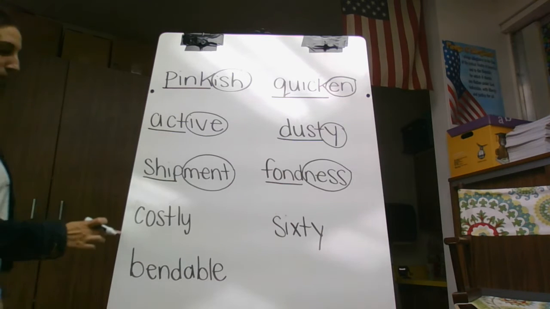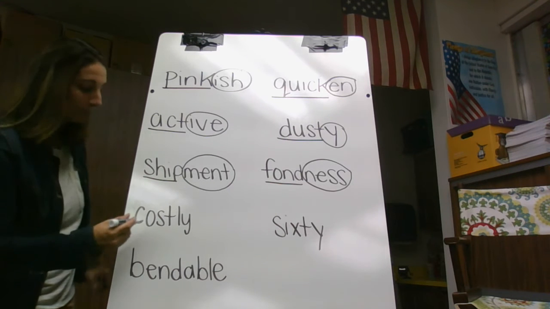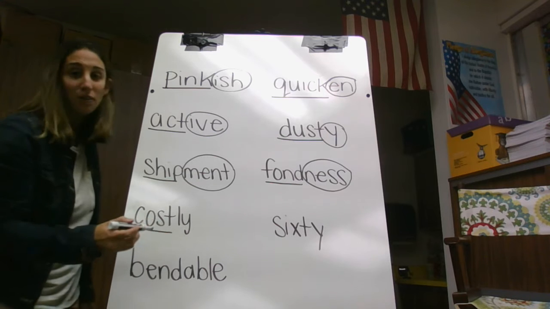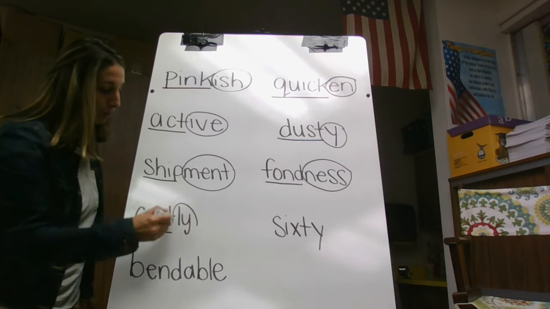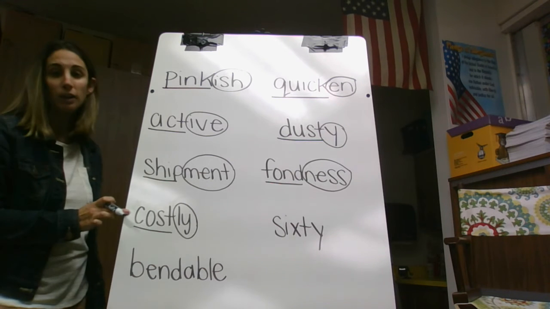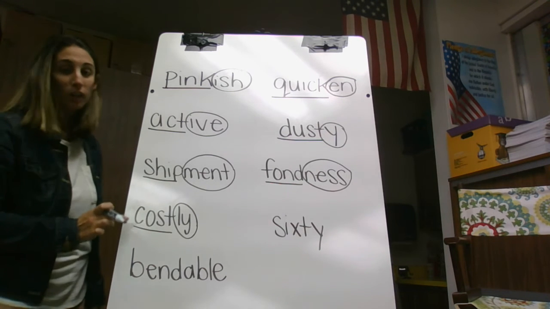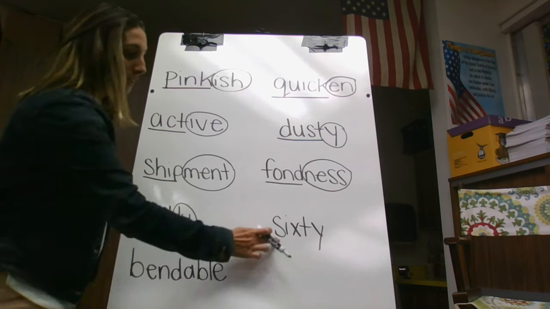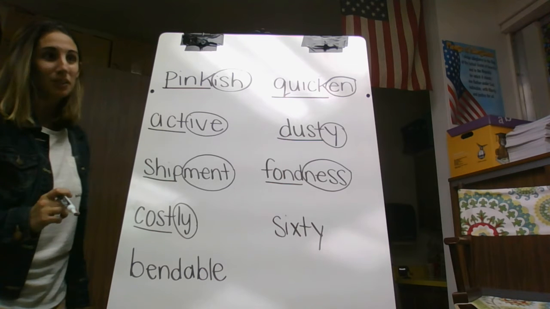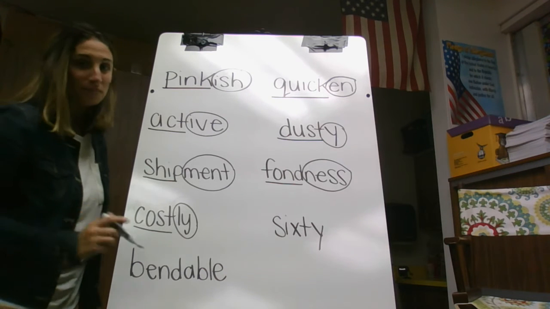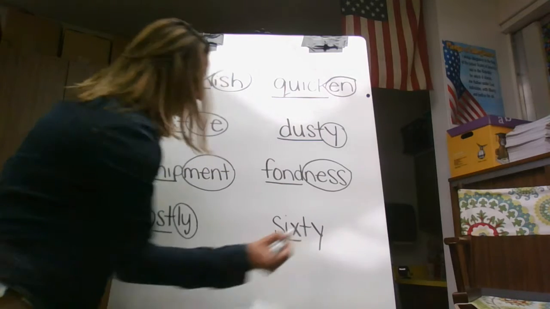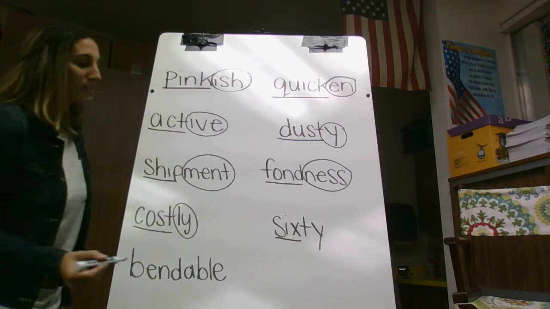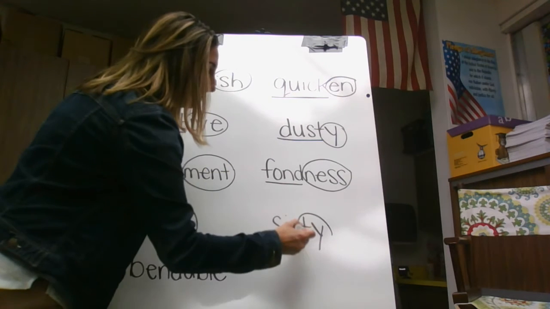Good. Couple more. Base word, cost. Suffix, ly. Base word, cost. Whole word, costly. Over here, what is the base word? Six. We know that number word, right? What is the suffix? ty.